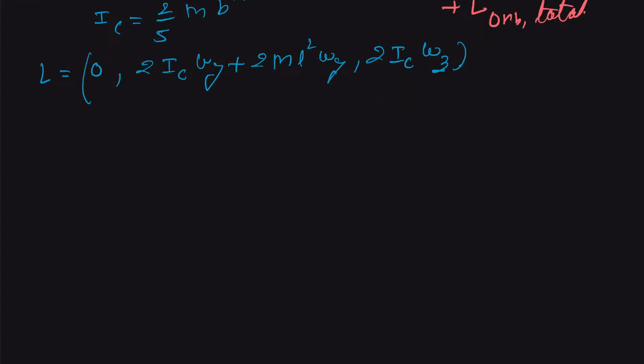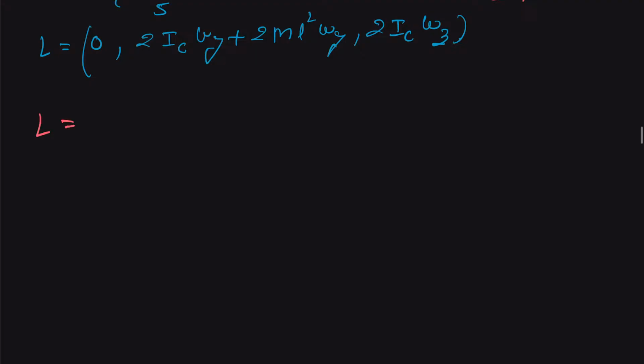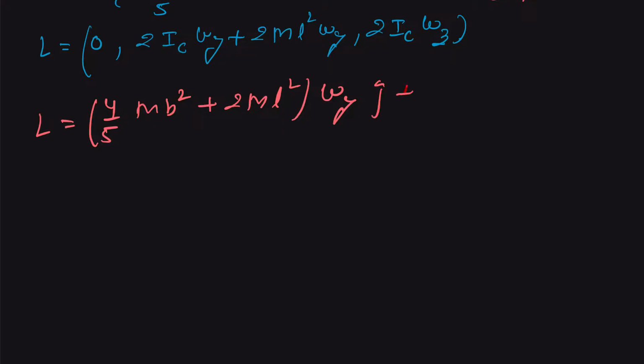So we substitute, we get our L is equal to I C, and we can just add them. So we get 4 upon 5 m b square plus twice m L square, times omega of y j unit vector, plus 4 by 5 m b square multiplied by omega of z k unit vector.